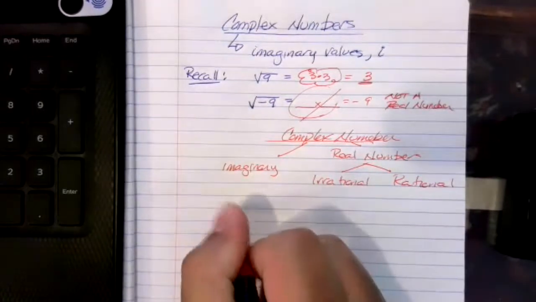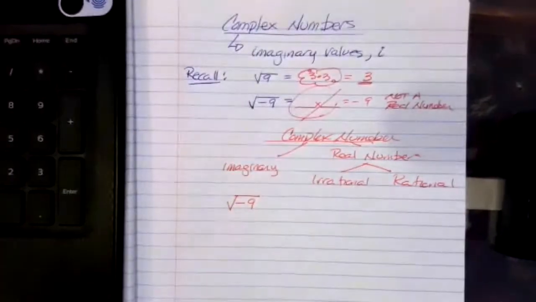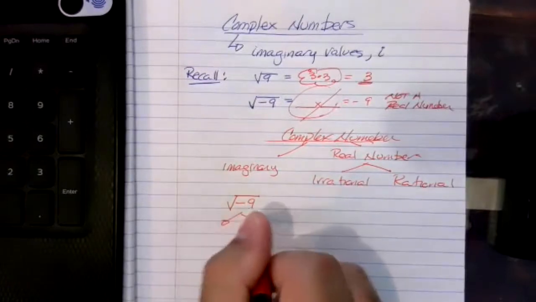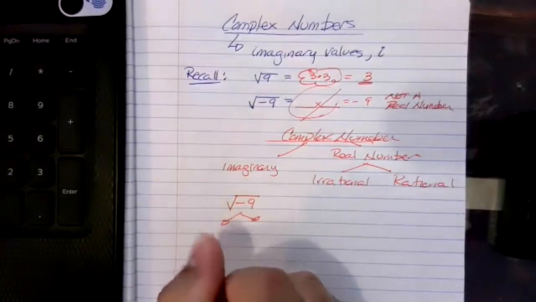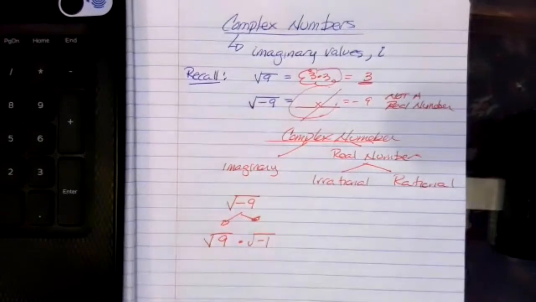So when I have the square root of negative 9, I could break this up as the square root of 9 times the square root of negative 1.